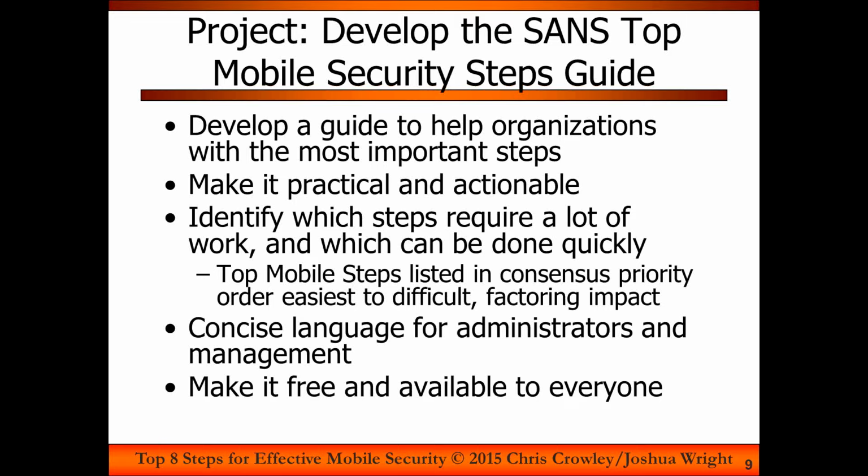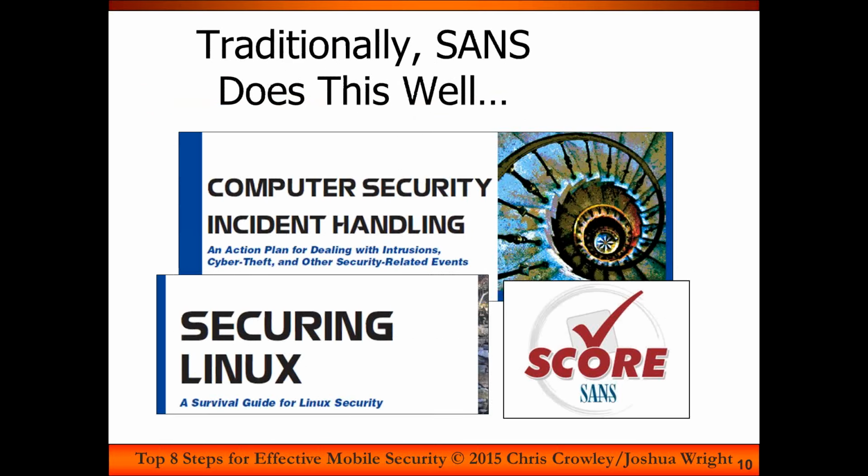And so there was a top mobile security steps guide that was actually developed. And SANS, as an institution who is providing information, is in a fantastic position to provide a somewhat objective perspective on what are the right things to do.